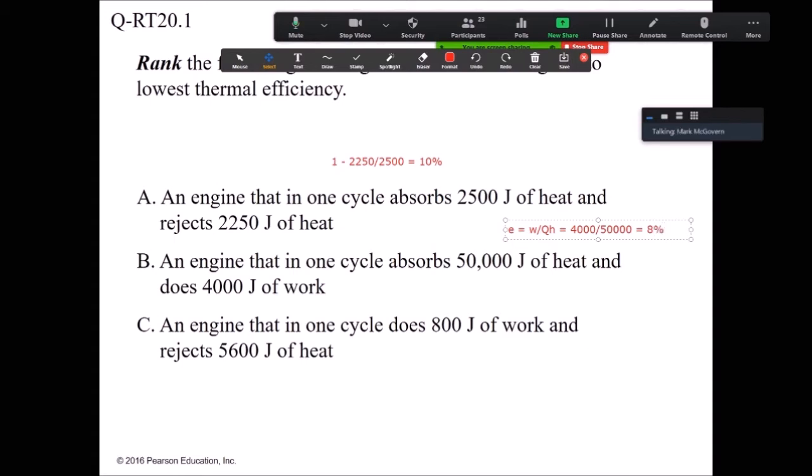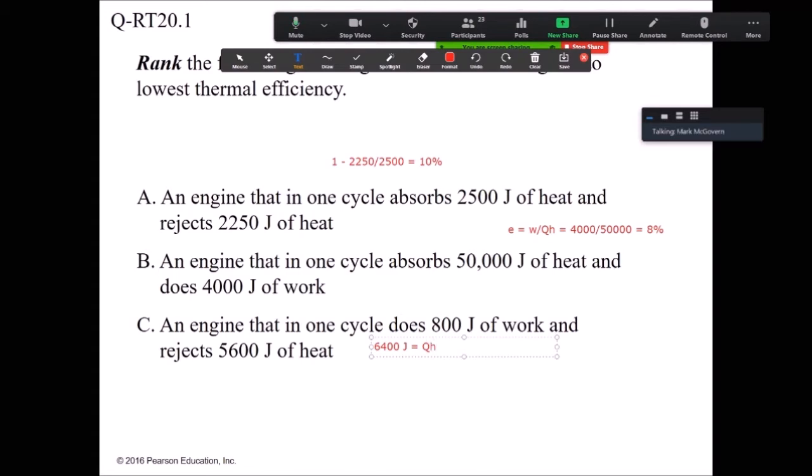Okay. Heat engine in one cycle does 800 joules of work. That's nice. And rejects, ooh, it's a lot. So guess what? The QH in this example is 6,400. That's our QH, because we had to add together the work and the cold reservoir energy.